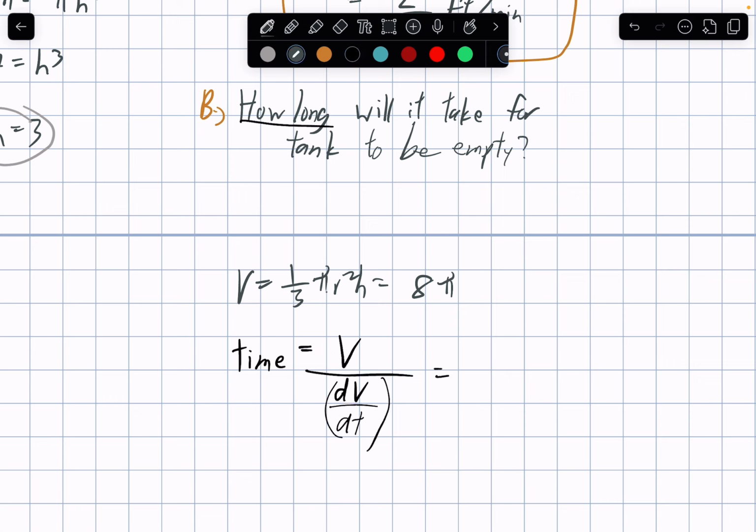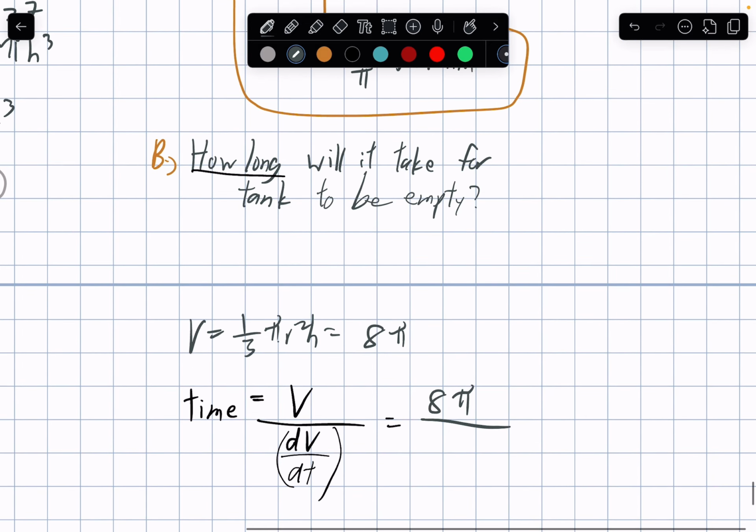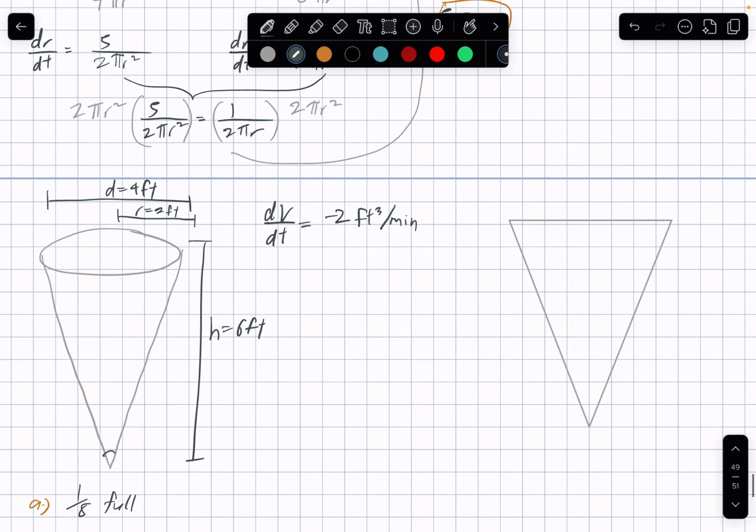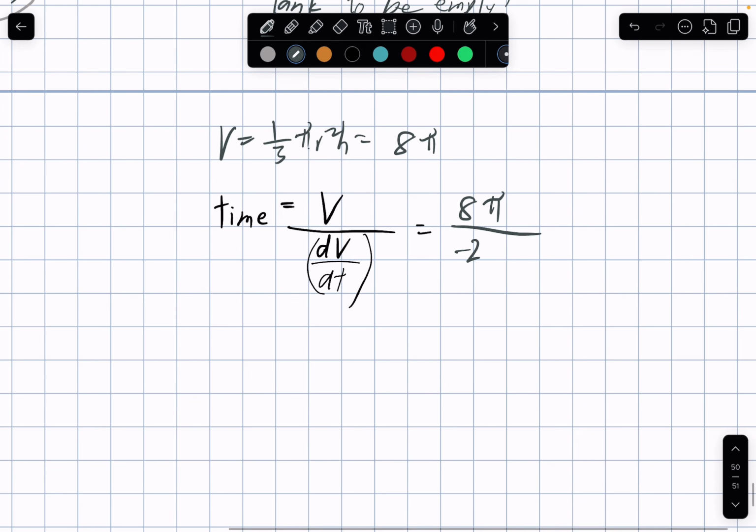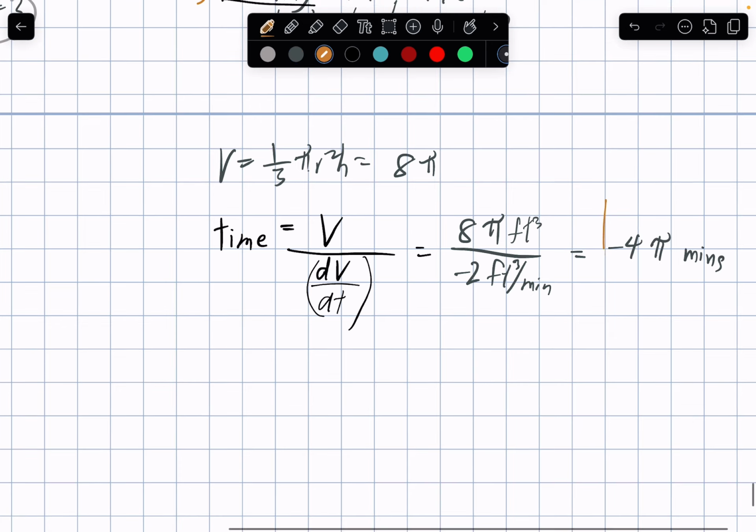So in other words, it is 8 pi divided by dV over dt, which is said to be negative 2, right? So negative 2, don't forget the units. So what we have is negative 4 pi minutes.